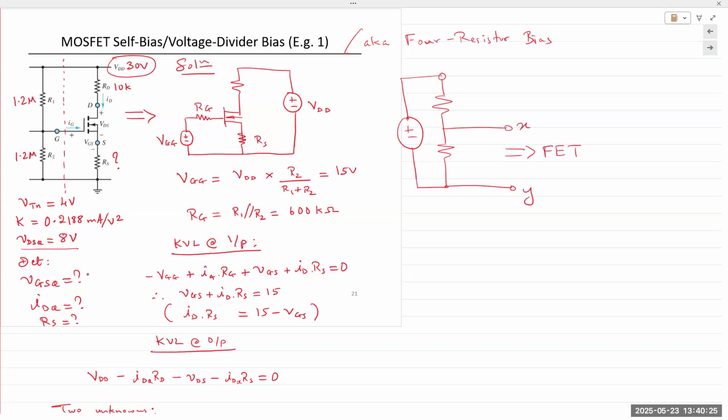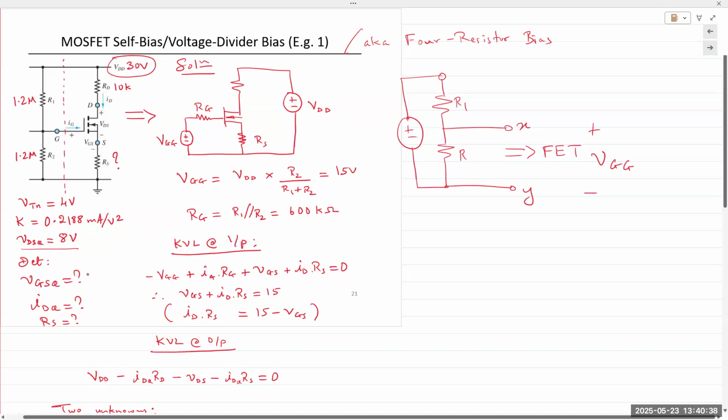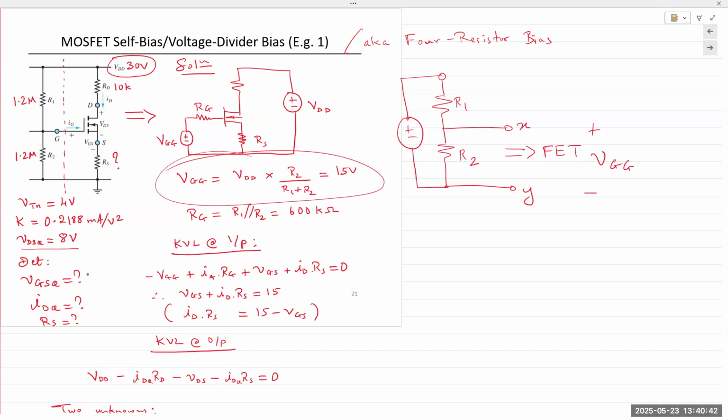So this would become VGG, and then R1 and R2 will combine to give us RG, the gate resistor. Okay, and that is done by applying voltage division and resistors in parallel.